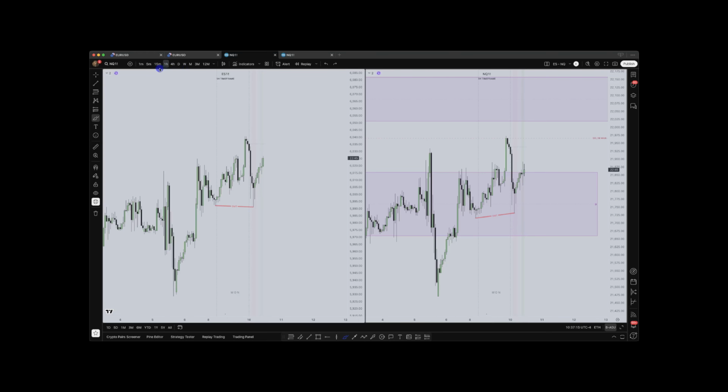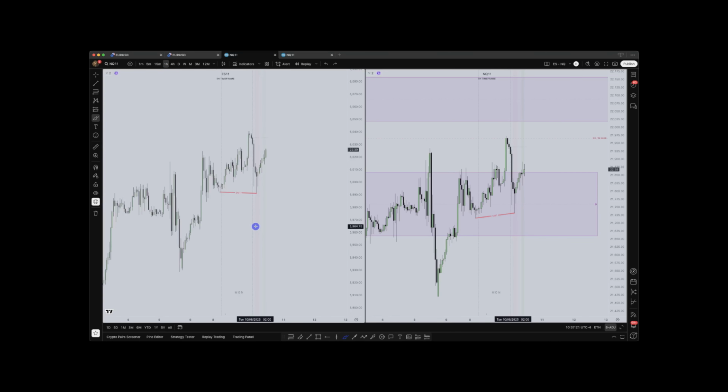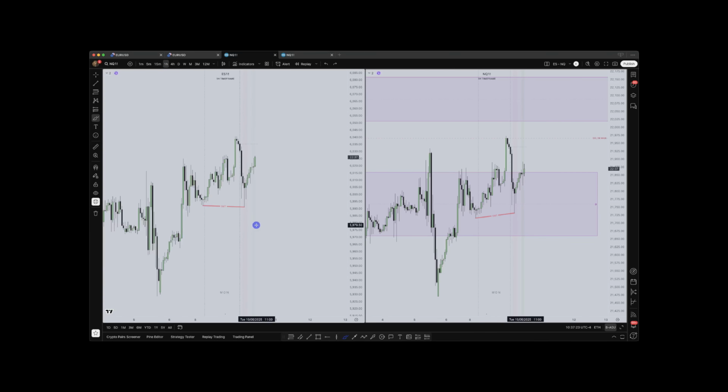Even more important is if we are working on a higher time frame, like in this case 1 hour. So it's an even stronger confirmation for this kind of divergences. So if you have that in mind, you can expect. So sorry, that's why this happened.